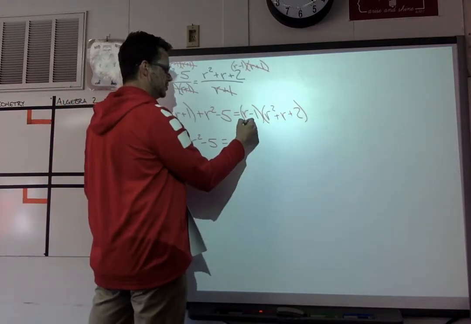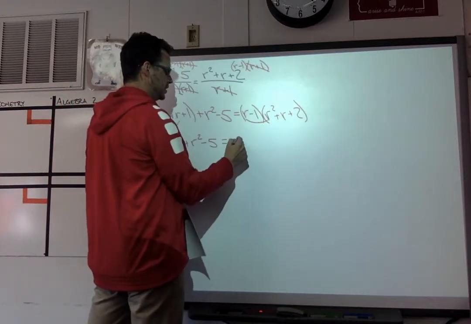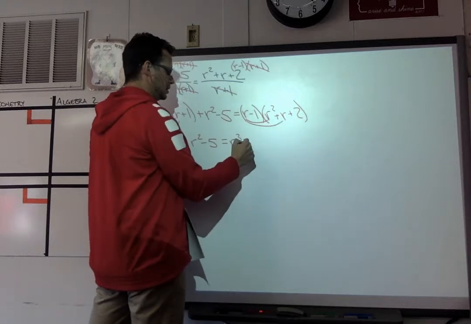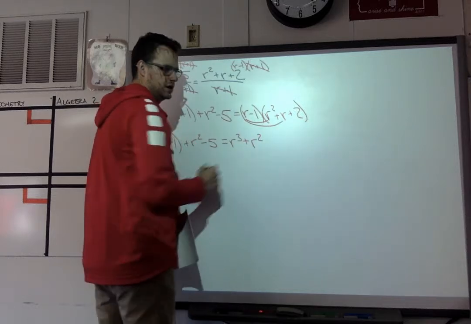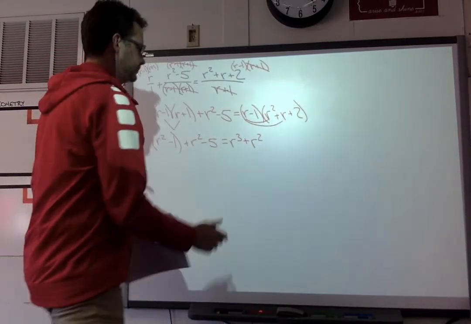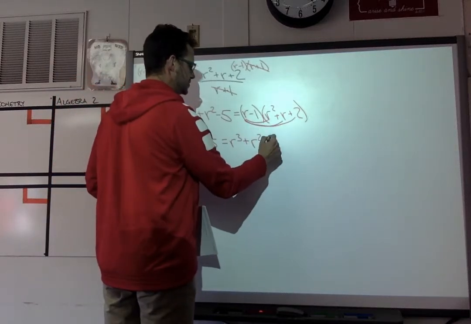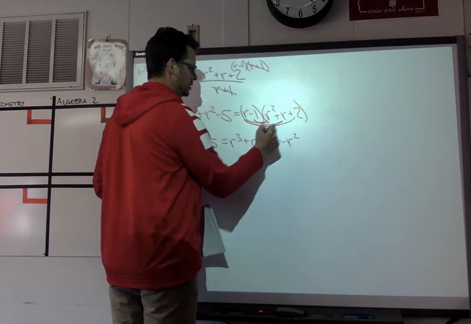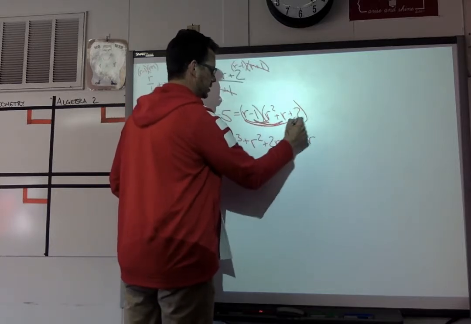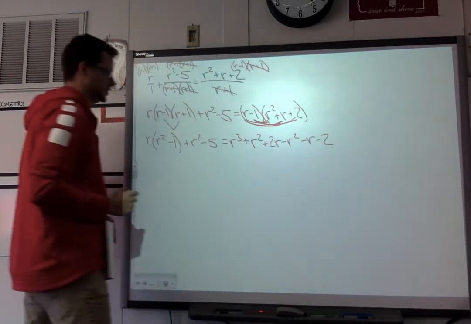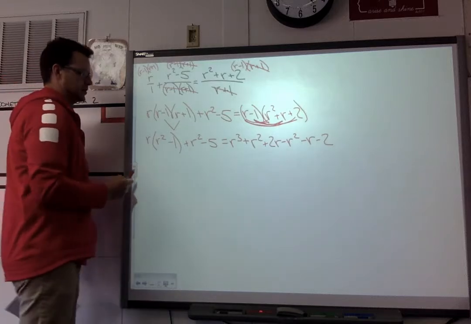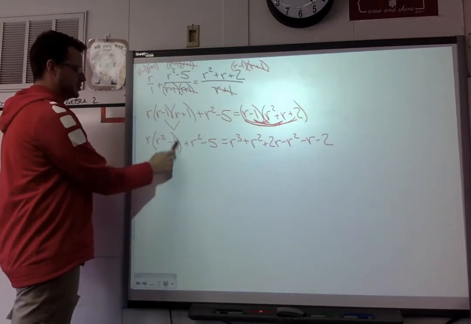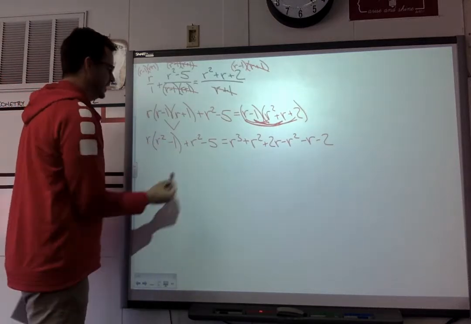and distribute here. So r times r squared gives me r cubed, r times r, so plus r squared, plus 2r minus r squared minus r minus 2. So now my next step, I'm going to distribute here, and I'm going to simplify this side.